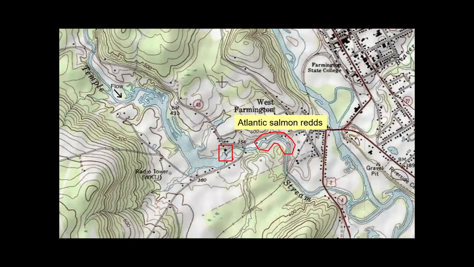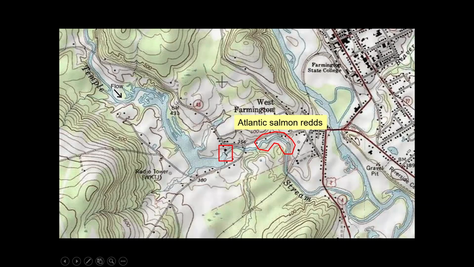This turned out to be an important issue to address because there were identified Atlantic salmon redds. For those that don't know, those would be the nests where salmon lay their eggs on the stream bottom. There was a concern that the dam, when removed, would bury these salmon redds in sediment.